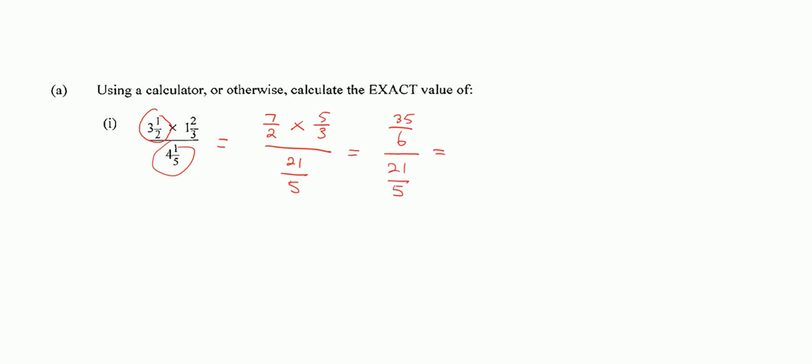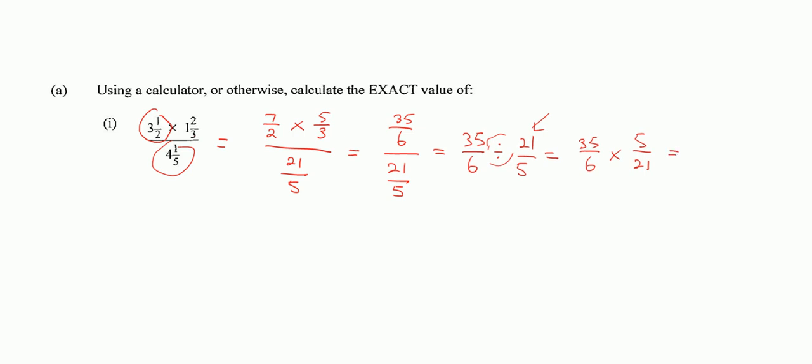So that is the same as saying 35 over 6 divided by 21 over 5. Right? When we are dividing by a fraction, we need to change the division sign and invert this. So it will be 35 over 6 multiplied by 5 over 21.